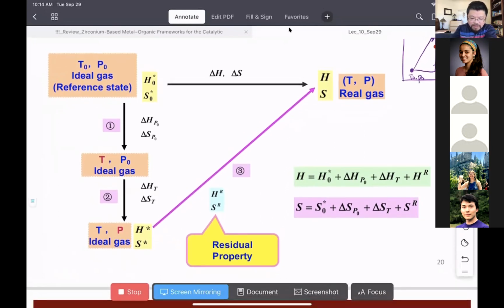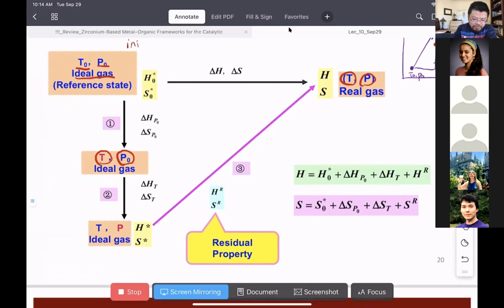So let's try to see. So here still, this is the initial, T naught, P naught ideal gas. This is our reference state. Firstly, we keep the pressure fixed, move this to the temperature of interest. So this is the final temperature of interest. And then secondly, we are moving not directly to the final, but we move this to the temperature of interest, pressure of interest, but we assume it's still ideal gas.